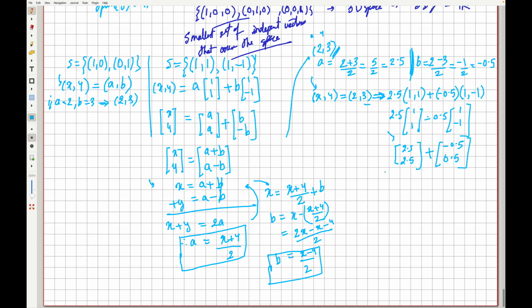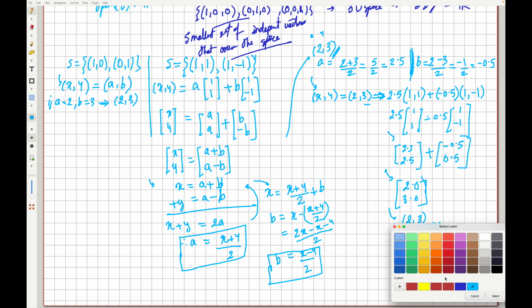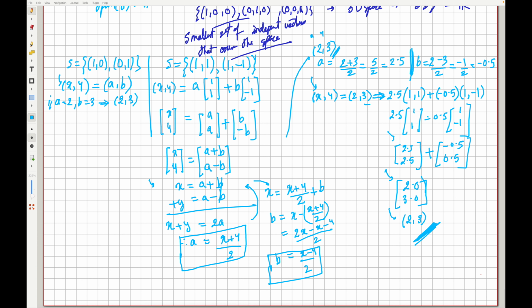When we add them, 2.5 minus 0.5 gets us a value of 2, 2.5 plus 0.5 gets us a value of 3, and that is exactly what we were trying to reach, the vector 2 3 in the 2D space, using the linear combination of basis vectors.